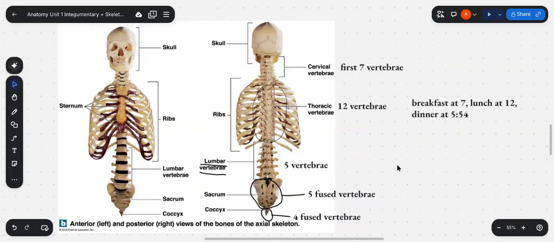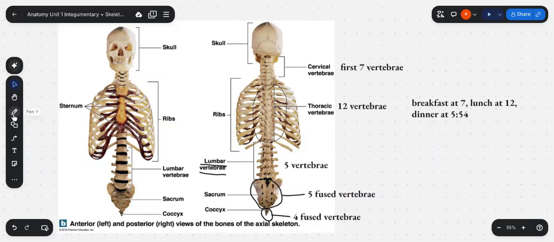Breakfast at 7 is referring to your cervical vertebrae. You have 7 cervical vertebrae. Lunch at 12 is referring to the number of vertebrae in your thoracic region, 12 vertebrae. And then dinner at 5:5:4 is talking about your lumbar, your sacrum, and your coccyx.